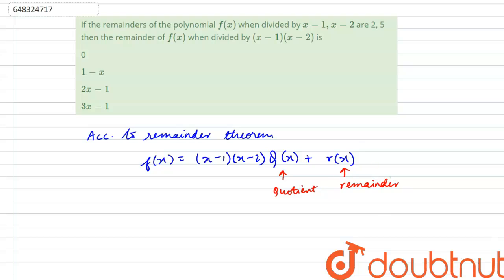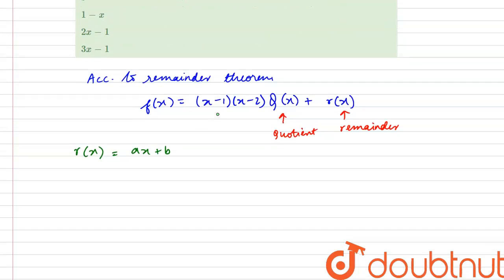Let the remainder be r of x equals ax plus b. Why? Because the divisor is a quadratic term, and the remainder can only have a degree less than the quadratic. It cannot be a quadratic, so it has to be of degree 1.